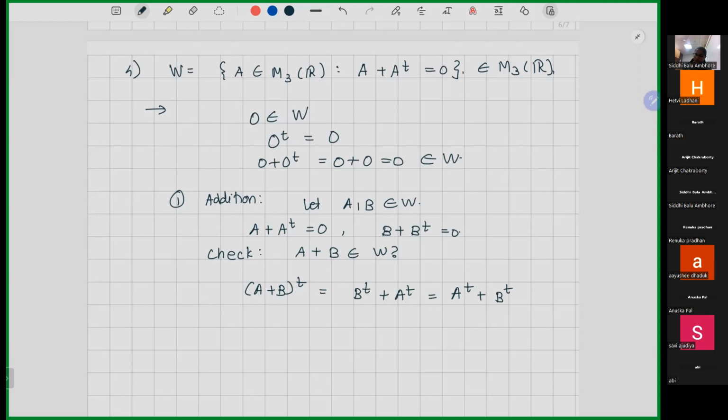So this is what we have. Now for A plus B to be in W, it must satisfy this condition.